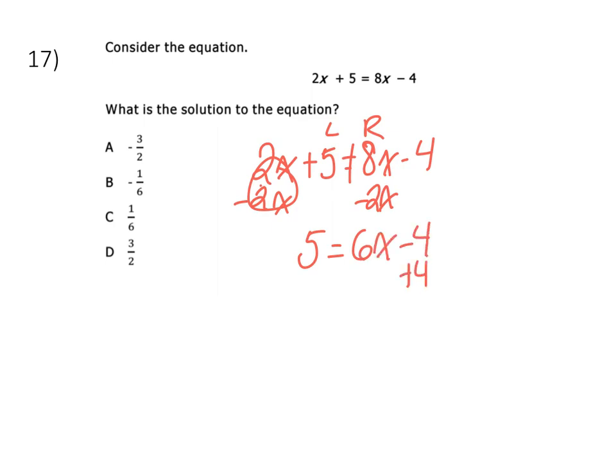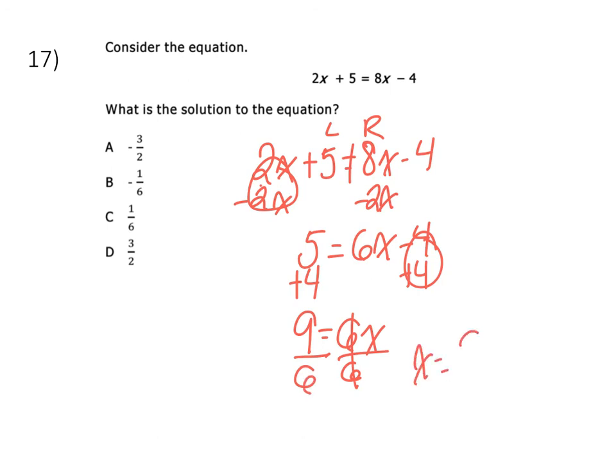Add 4 to both sides. Negative 4 plus 4 is 0. 5 plus 4 is 9 equals 6x. Divide by 6. x equals 9/6. But when I look at my answer choices, I don't have 9/6. I do see two negatives I know are not my answer, so I'm going to mark those off.